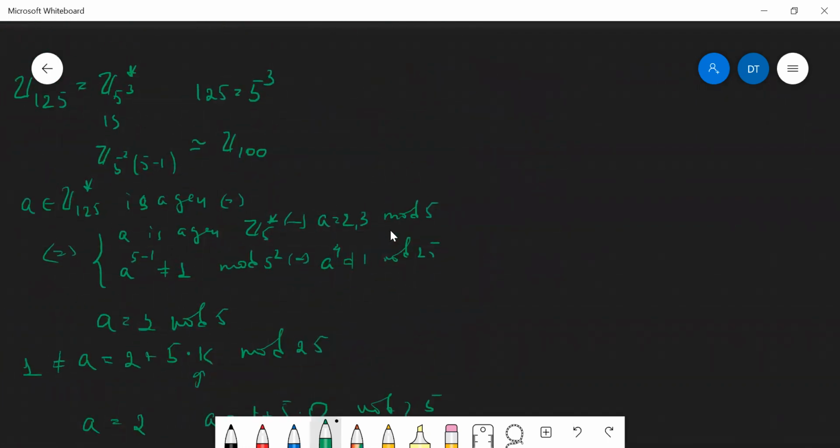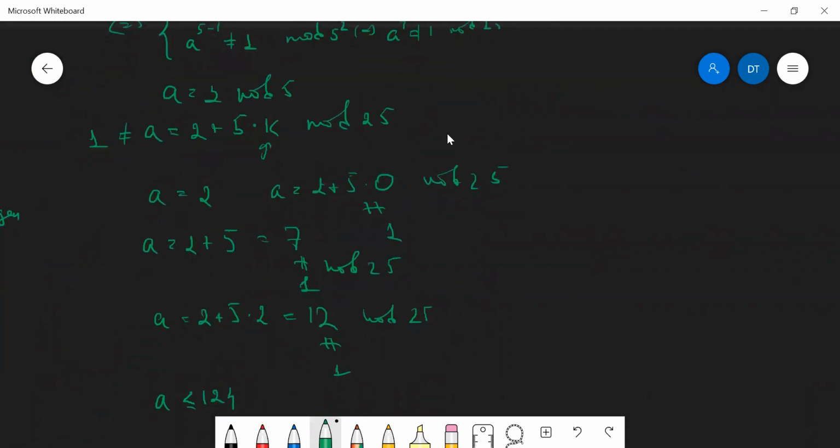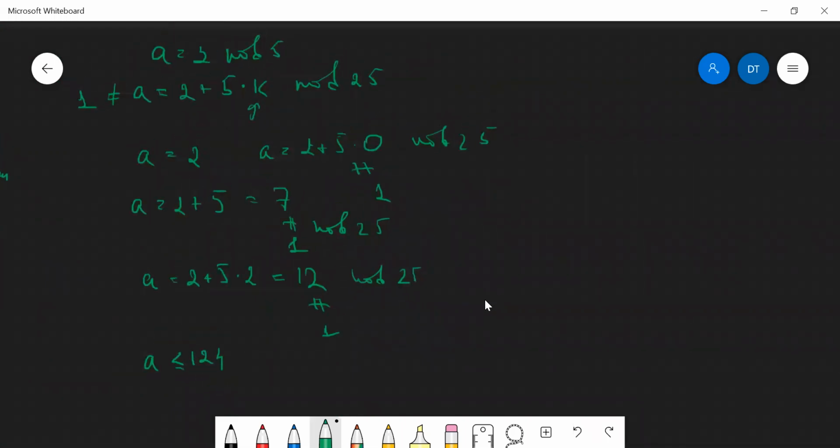And then you have to repeat this procedure for the case A being 3, and that's it. So here, let me just write it. You consider exactly the same procedure when A equals 3 modulo 5.